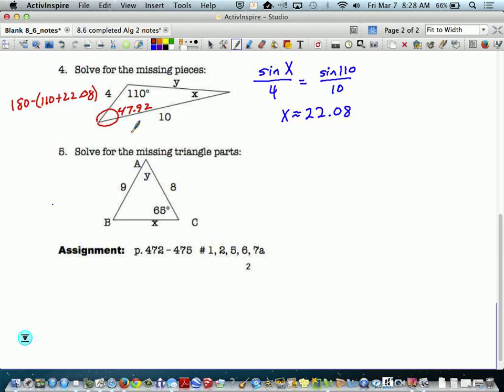Because that's the angle that partners up with y. So now we can do side y divided by the sine of 47.92, and that's equal to 10 over the sine of 110. What do we get for y?